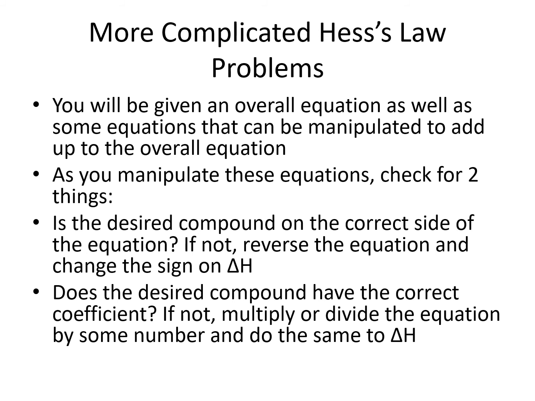First of all, is the desired compound on the correct side of the equation? If not, we're going to reverse the equation and change the sign on our delta H. The second thing we're checking is, does the desired compound have the correct coefficient? If it doesn't, then we're going to multiply or divide our equation by some number and do that same multiplication or division to our delta H.